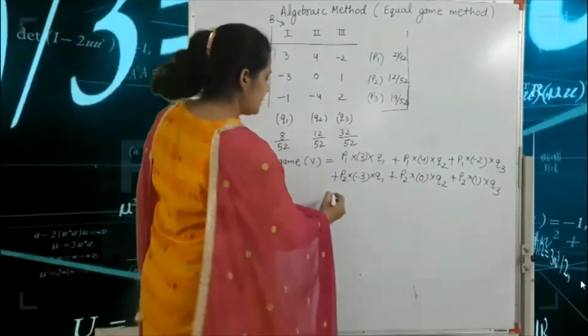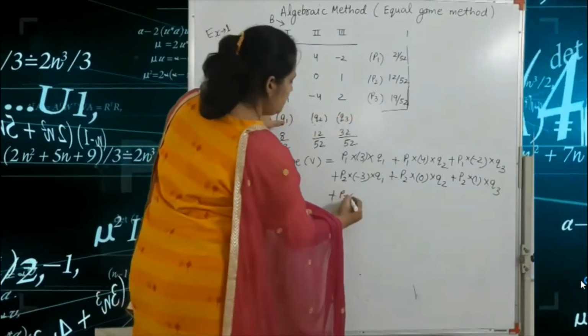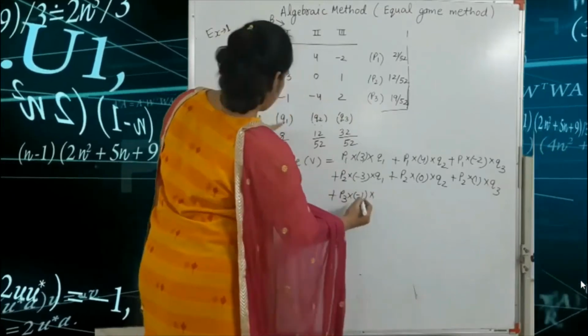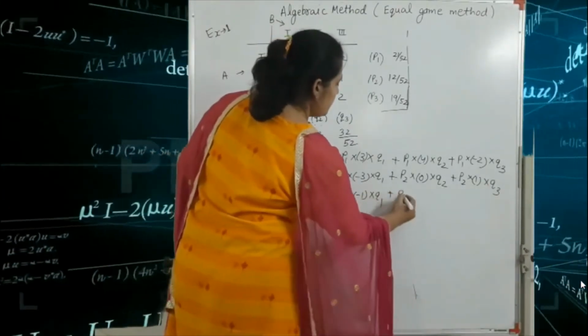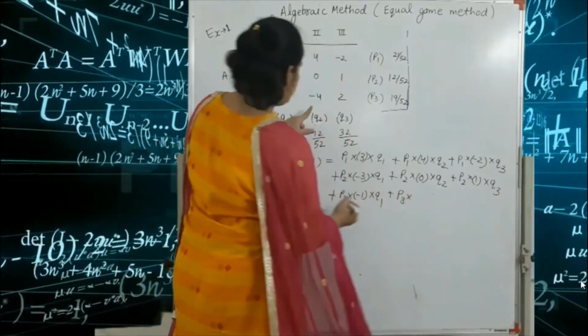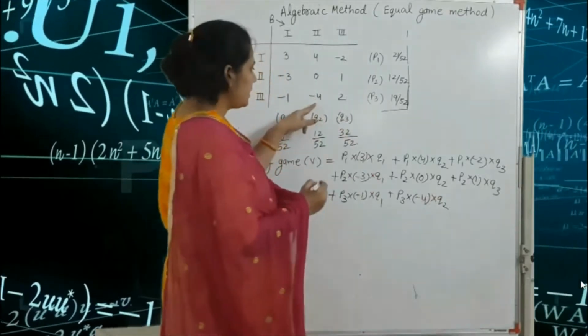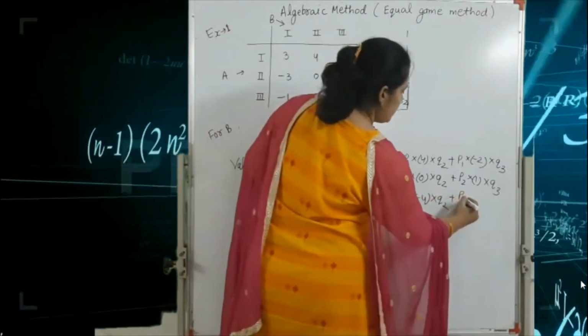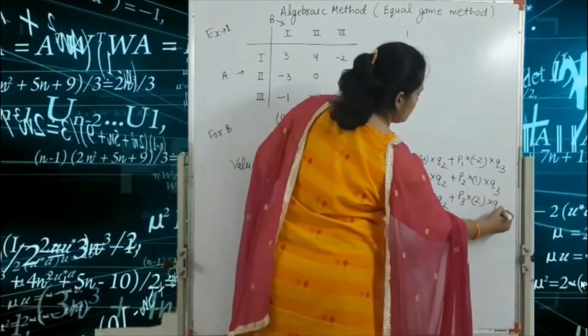And the last is P3 into minus 1 into Q1, plus P3 into minus 4 into Q2, plus P3 into 2 into Q3.